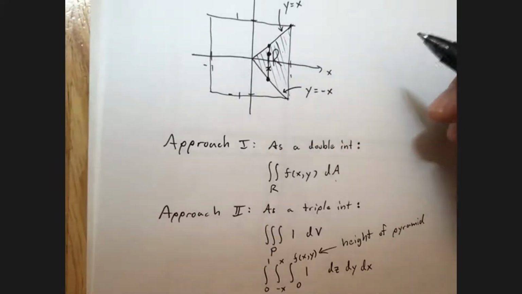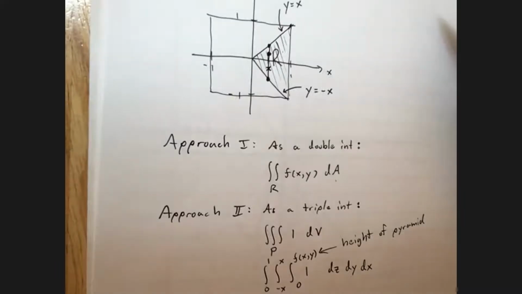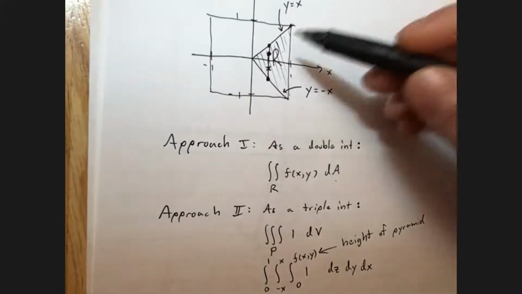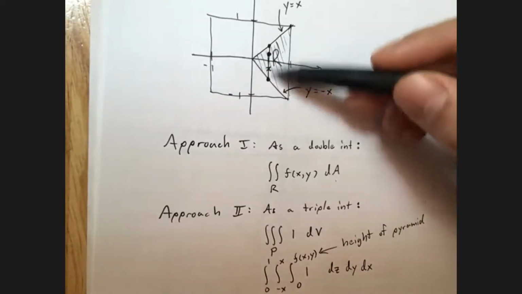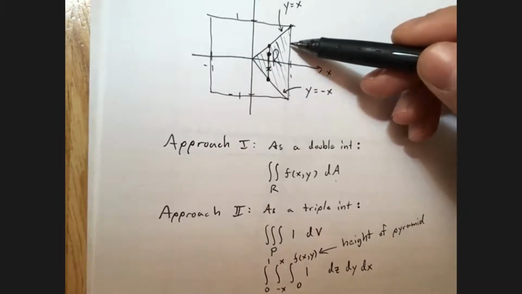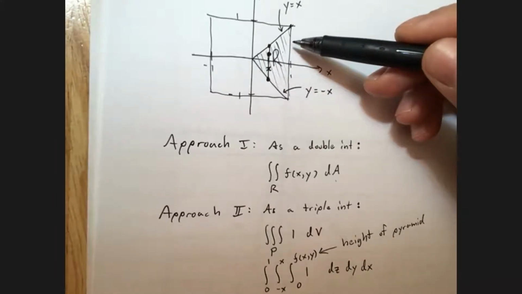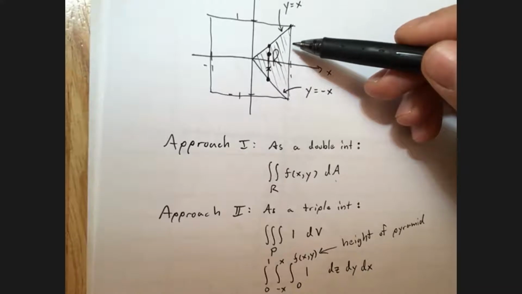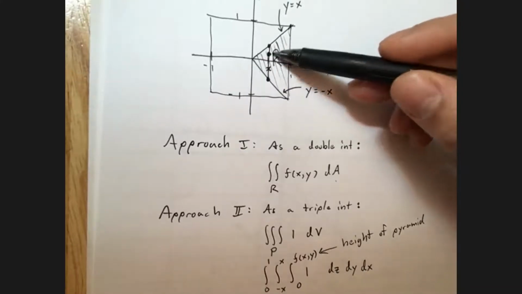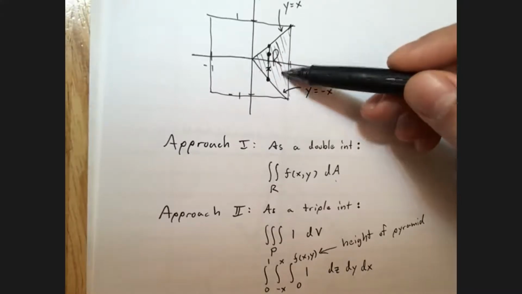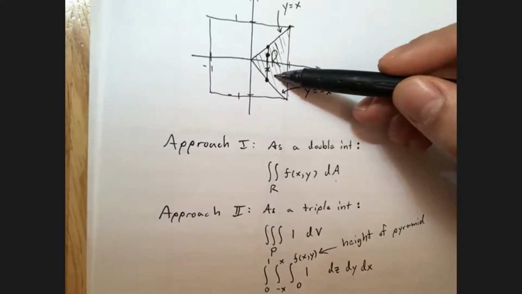And the answer there is no. You can't do that, and that is because if the height was constant throughout this triangle, then you could do something like that. But the height is not constant throughout this triangle.